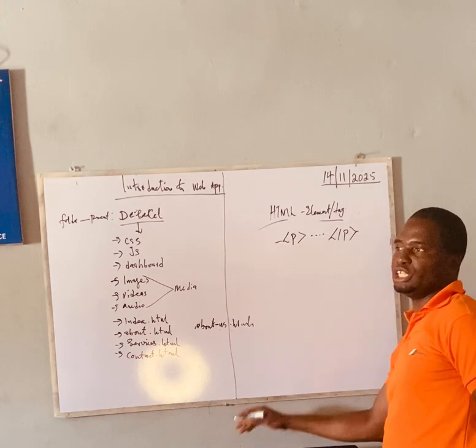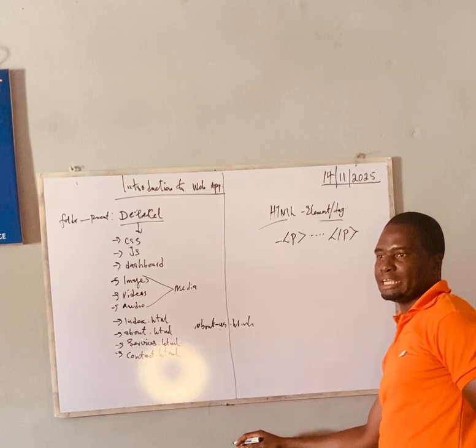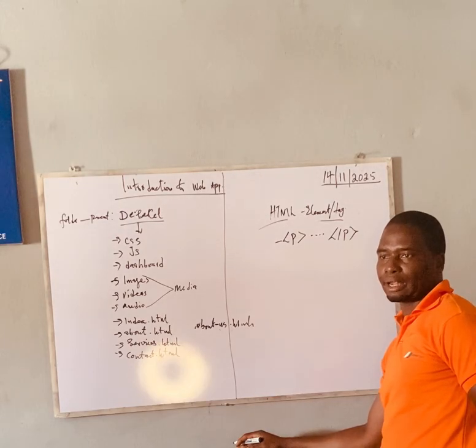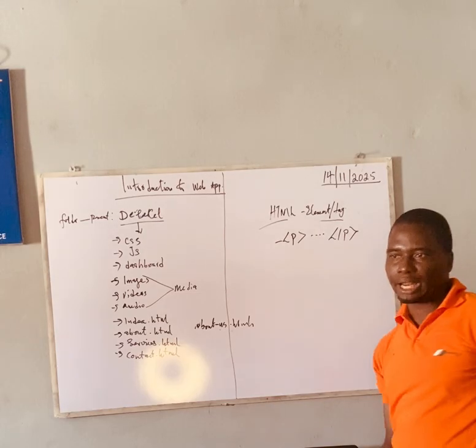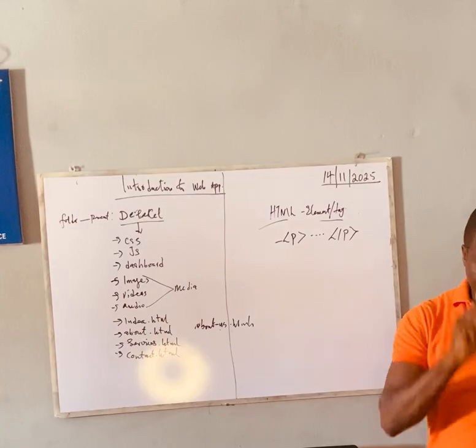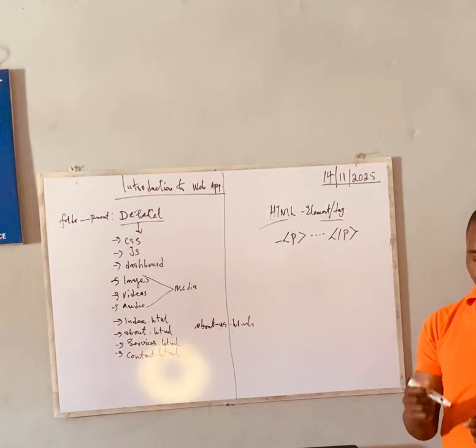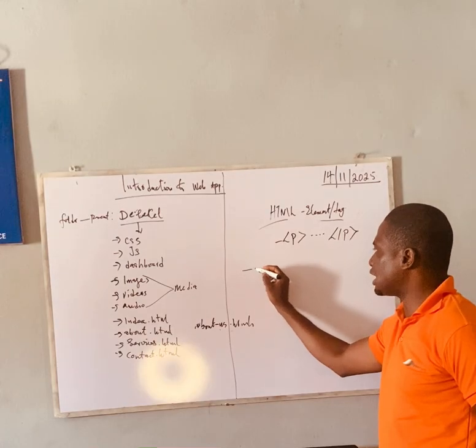So this thing will be automatically rendered as a paragraph. And the question is, what is a paragraph? If you remember what your English teacher taught you, we say a paragraph is a group of sentences that belongs to one family. Are we together? So that means if you are writing, for instance, you indent your writing.